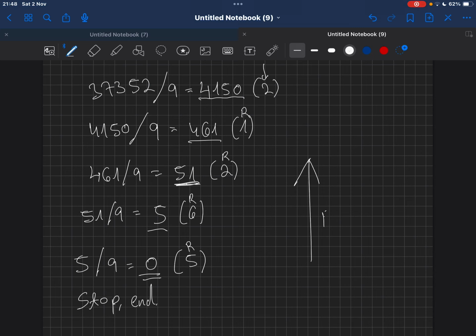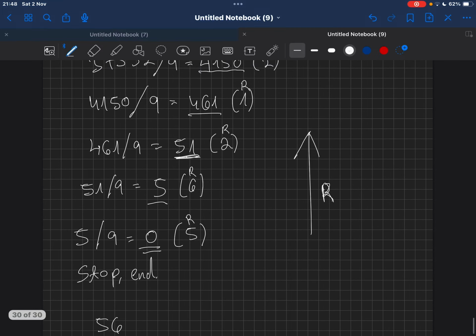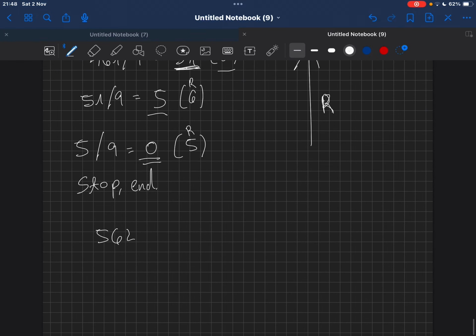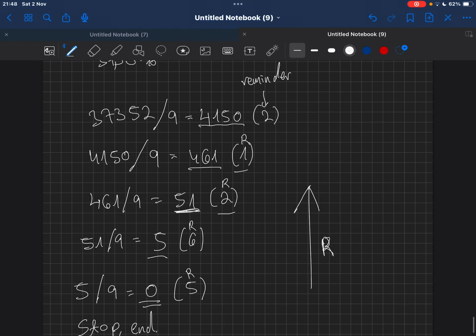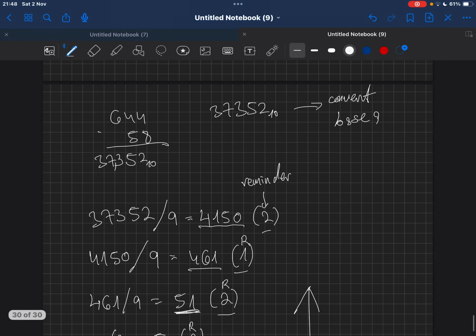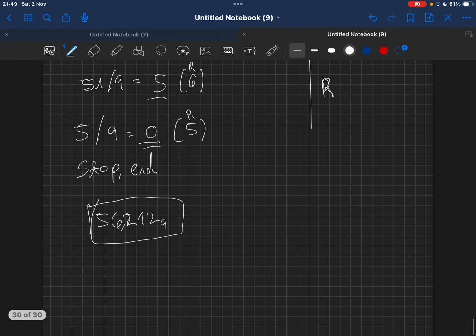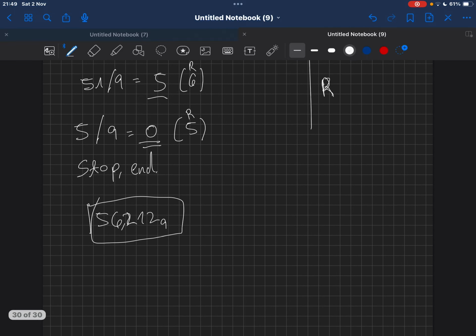We got to the end, and now we get our number by looking from the bottom up at the remainders and building the number. The first remainder is 5, then 6, then 2, then 1, then 2, then 1, then 2. This is the conversion of the multiplication result from base 10 to base 9.